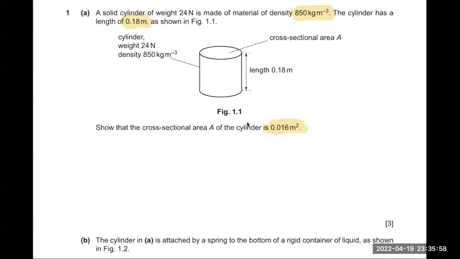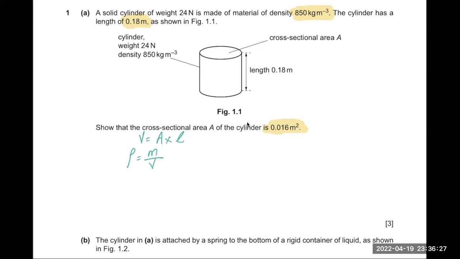Now, what formula do you use? You start off with the formula that includes area, and that is volume is equal to cross-sectional area times the length. Now, if you talk about the density of a solid, density is mass per unit volume.